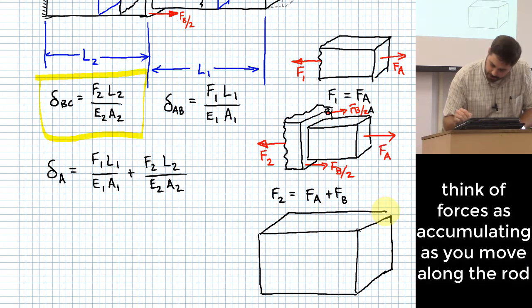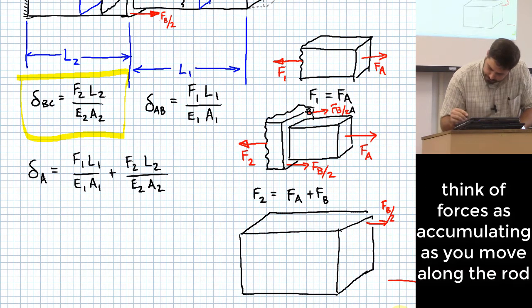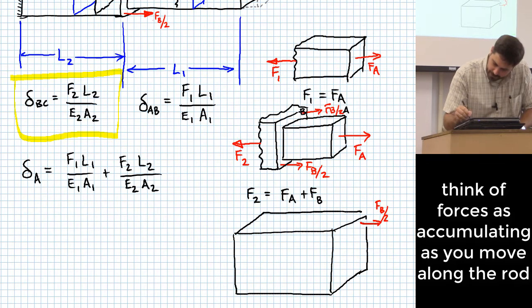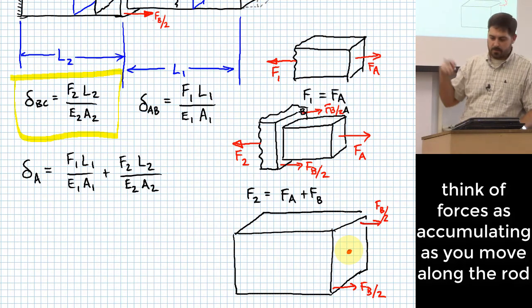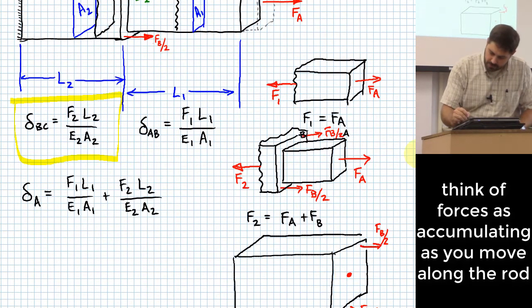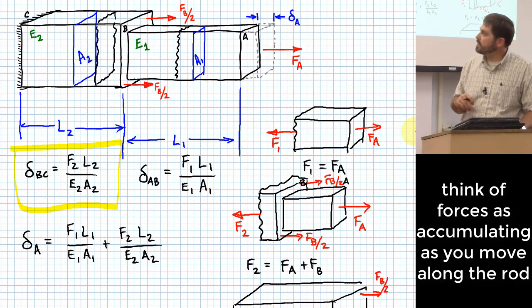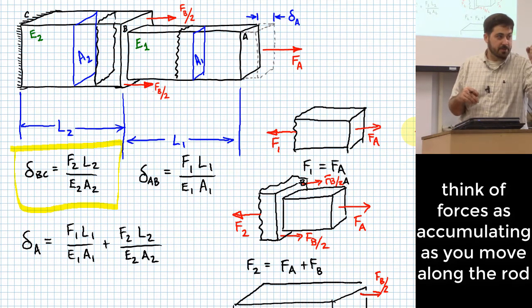And my question for you is, once I put FB over 2 here, and FB over 2, what should go right here once I've chopped off that little segment? Does the force that I apply at A transmit down the length of AB, and should it attach right there?